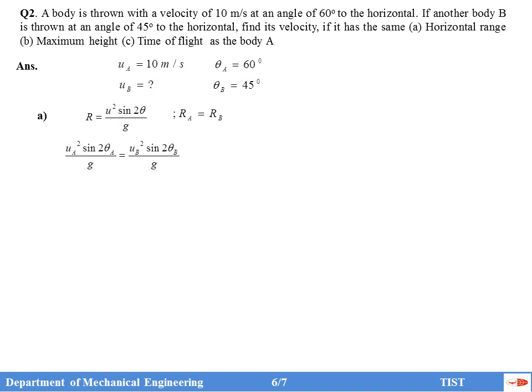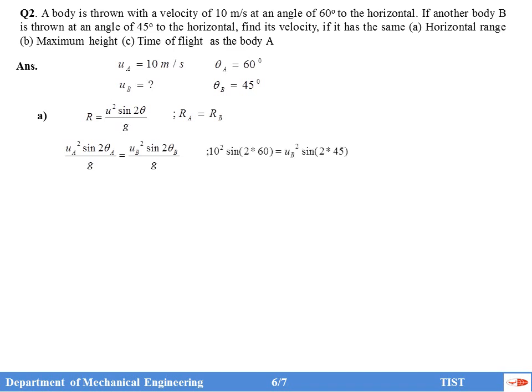Now if I am substituting, RA is UA square sine 2 theta A all divided by G, equal to UB square into sine 2 theta B divided by G, right? Both bodies have same range as given in part A. So G gets cancelled.